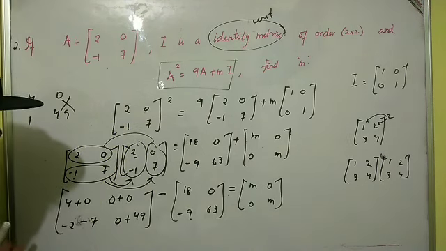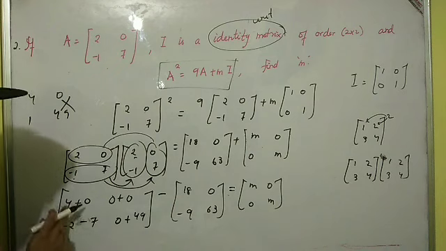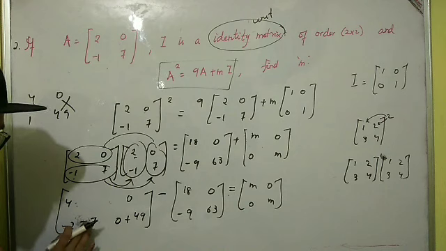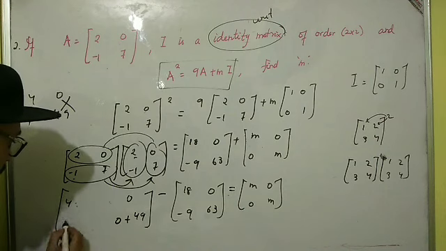Let's do the calculation here only. So 4 plus 0 is 4, 0 plus 0 is 0, minus 2 and minus 7 will give you minus 9.